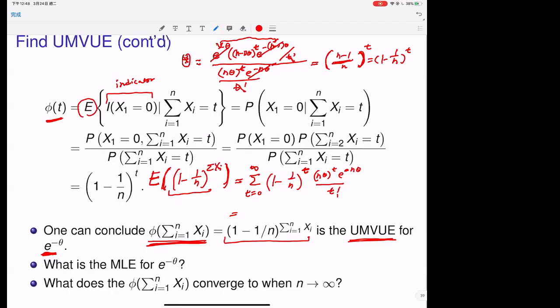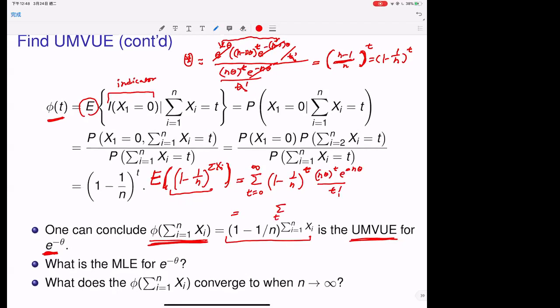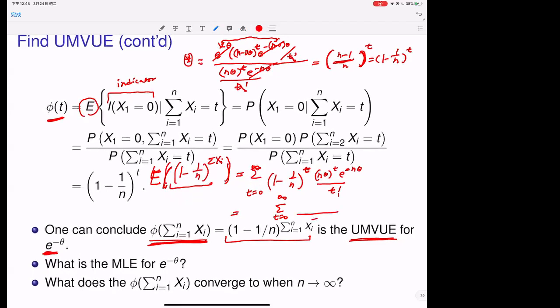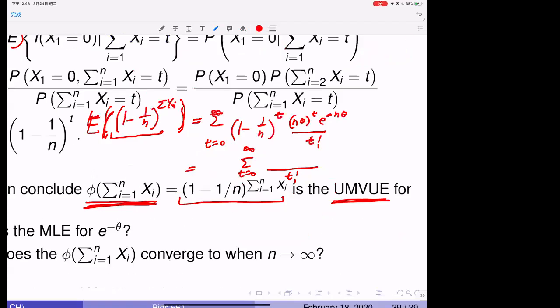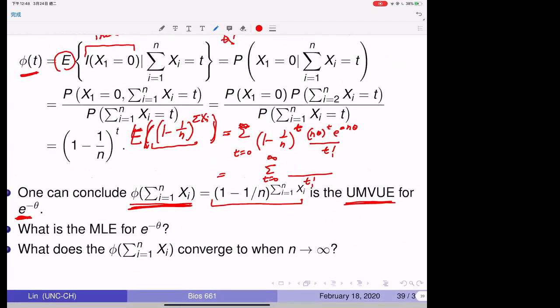Basically, you're looking for creating another Poisson distribution. That's my goal. So I'm going to write t factorial, and I can combine the two terms together to become n theta times 1 minus 1 over n, that is, n theta minus theta, to the t.